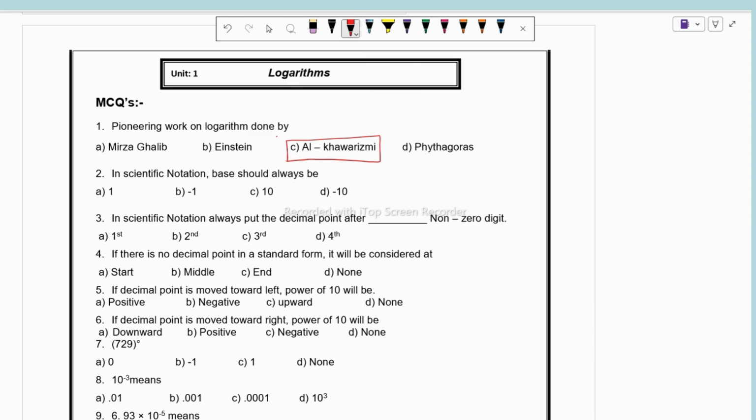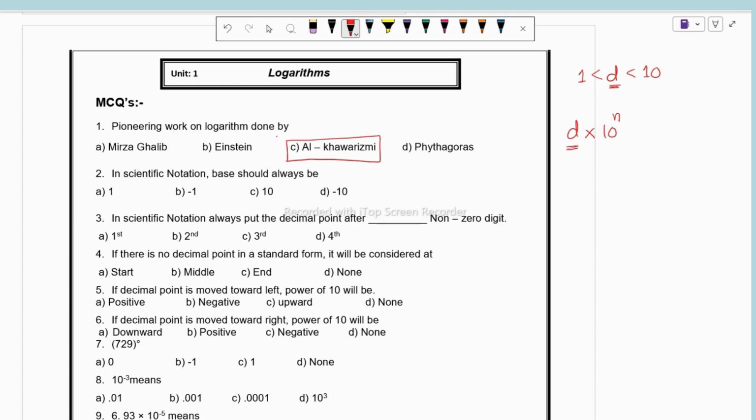In scientific notation, the base should always be... So before we discuss the scientific notation MCQs, let's have a quick review of scientific notation. Scientific notation is a way of writing numbers in the form d times 10 raised to the power n.